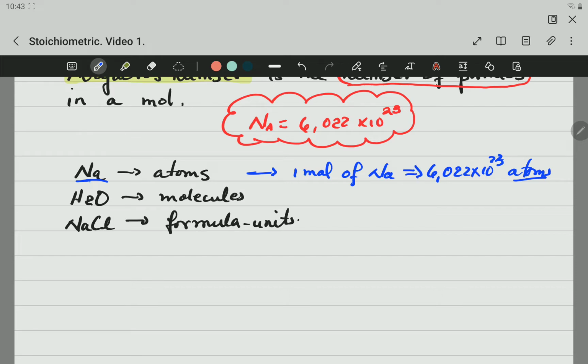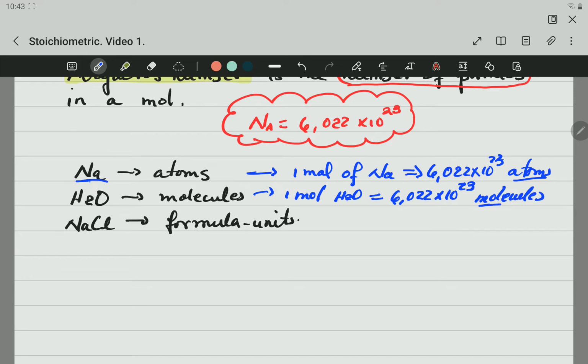And therefore, 1 mole of water, H2O, will be equal to 6.022 times 10 to the 23 molecules of water.